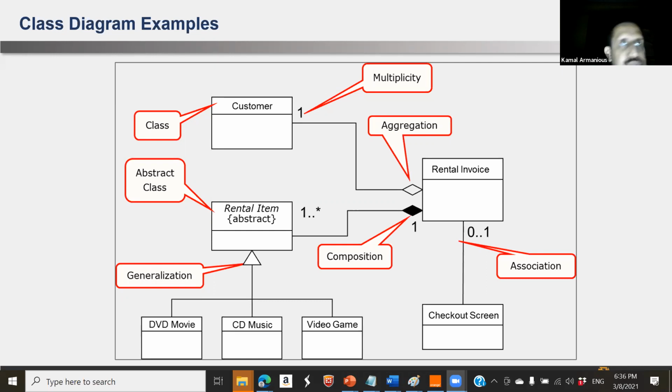So, who believes it's an aggregation and why? Muhammad believed it's an aggregation, but does anyone else believe it's an aggregation?